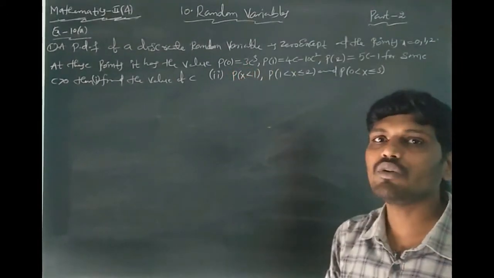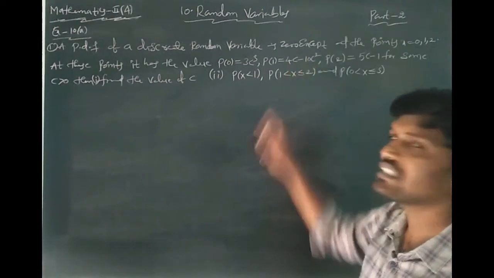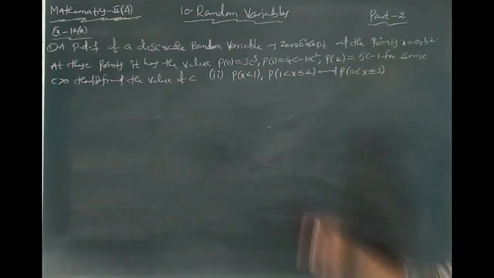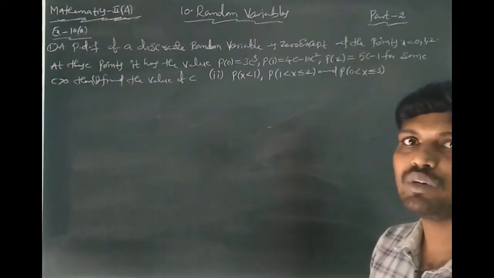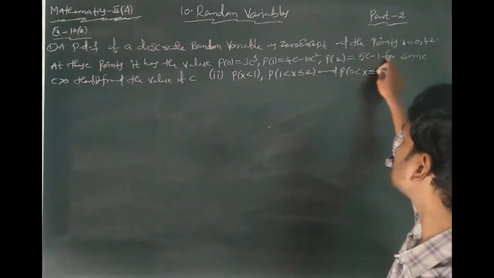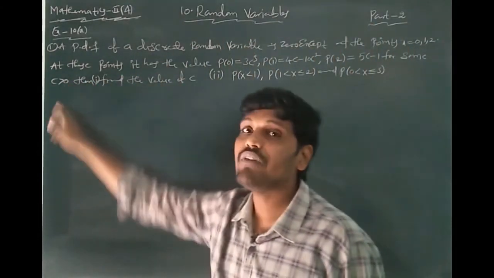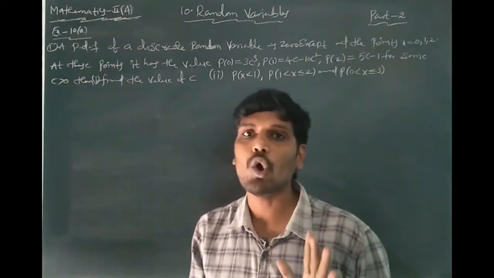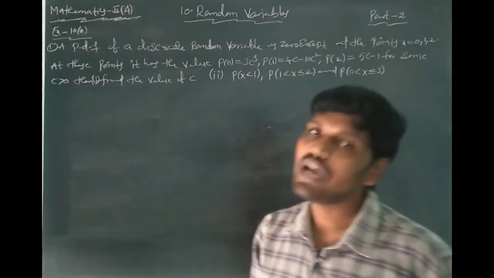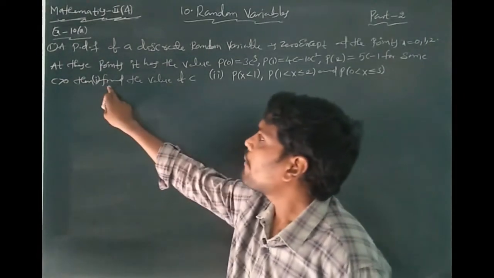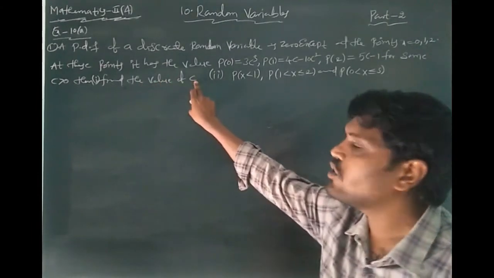Probability of x equal to 1 is given as 4c minus 10c square. Probability of x equal to 2, nothing but p of 2, is given as 5c minus 1, for some c value greater than 0. Then number 1, find the value of c.